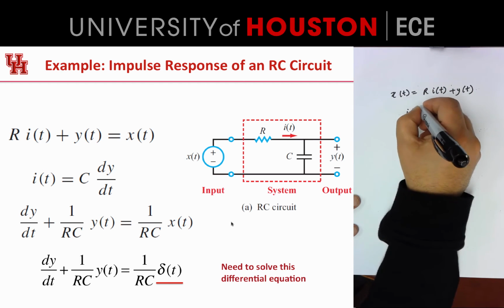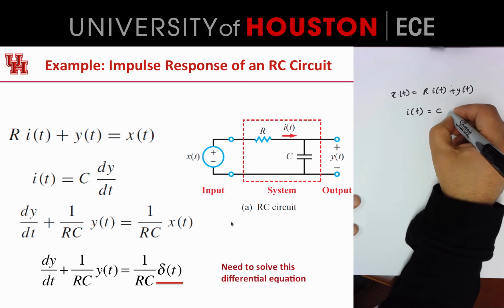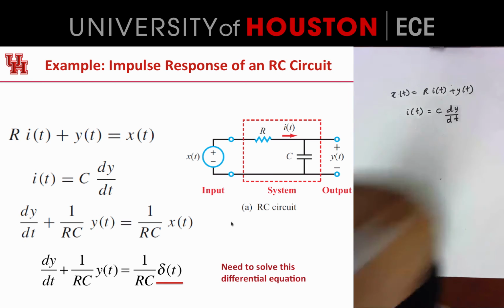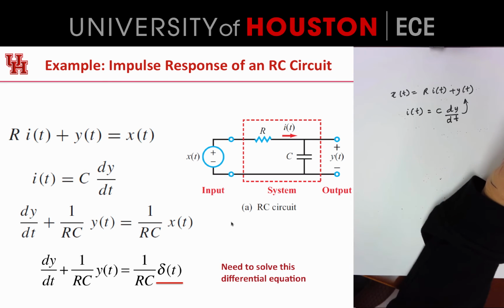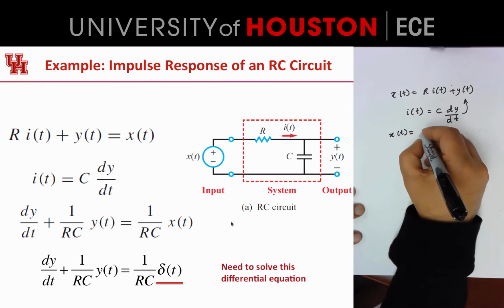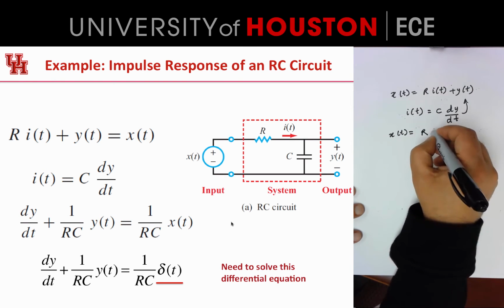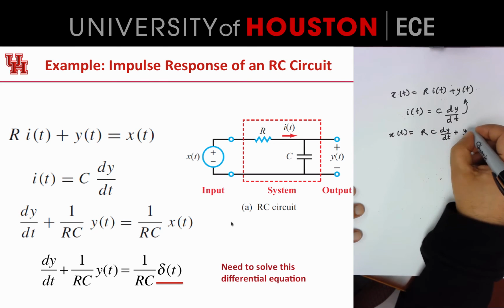Now I of t, as we know, is given by C dV by dt, and V in our case is the same as the output voltage y, so we can write it as C dy by dt. So we can stick this into this formula, and we get x of t equals RC dy by dt plus y of t.